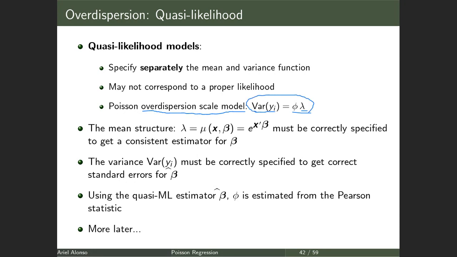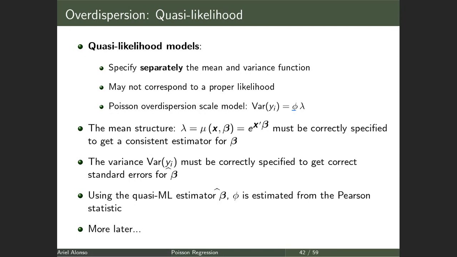And you put this psi over here because you may have over or under dispersion. Now, this doesn't correspond anymore to a Poisson distribution, because for the Poisson distribution, this psi has to be equal to 1, because the mean and the variance are equal. So you are maybe not dealing now with a proper probabilistic distribution, but it doesn't matter. That's the idea of quasi-likelihood. You separate the mean from the variance. You specify the mean, and then you specify the variance in an independent way.